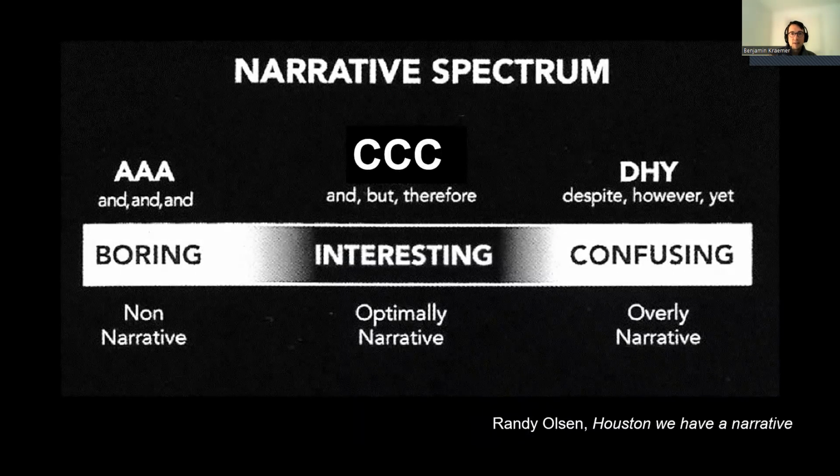So far we've discussed the context, contradiction, conclusion framework as identified by the words and, but, therefore, and how that can be very interesting or memorable. But communication can also be overly narrative. Here on the far right-hand side of this spectrum is the despite, however, yet structure.